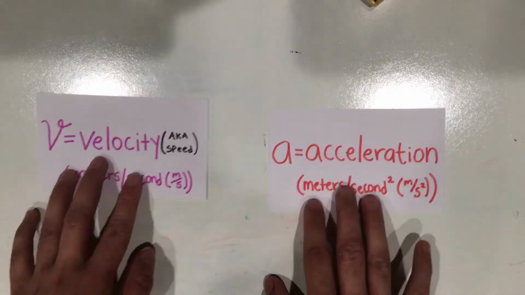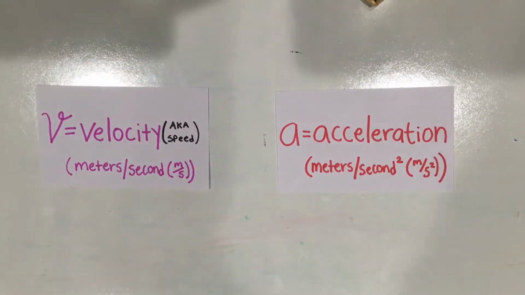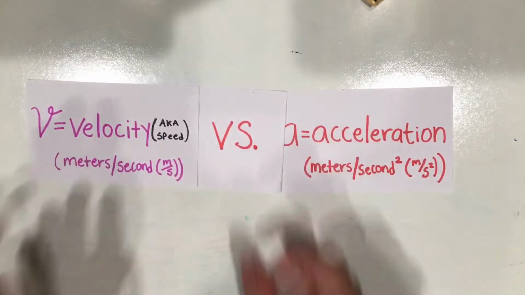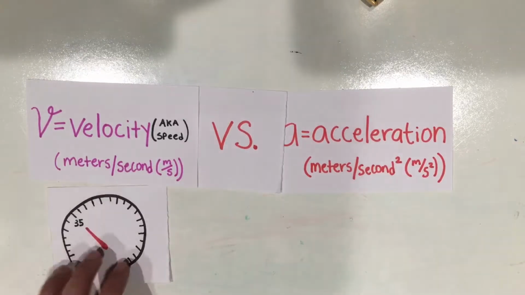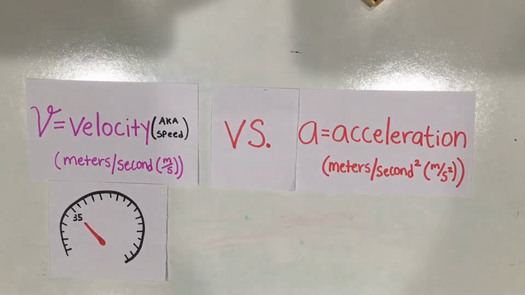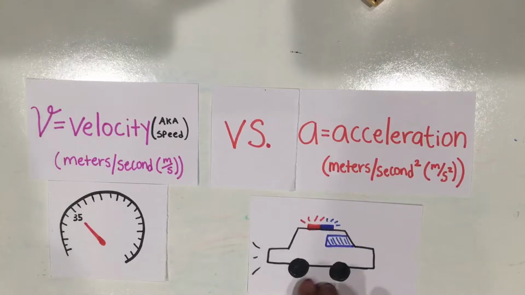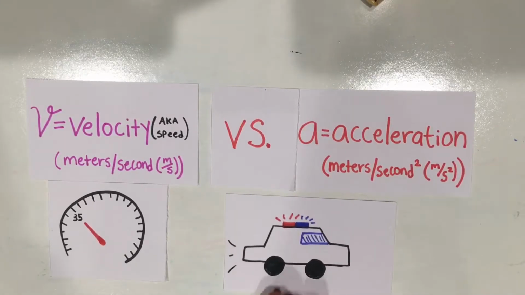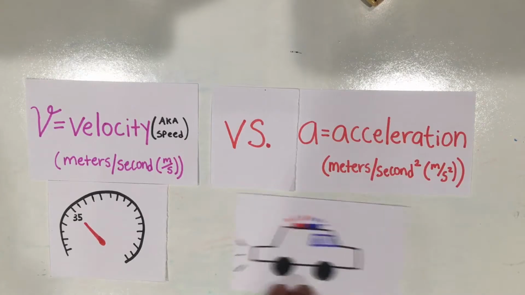Now, in order to distinguish between velocity and acceleration, I'm going to go over a few quick points so you remember what the differences are. To start off, velocity, as I mentioned before, would be a speedometer. That would be the common example of something that shows velocity. While for acceleration, a common example would be a police car. A police car starts off slow, and then when they see someone speeding, in order to chase after them, they must speed up.